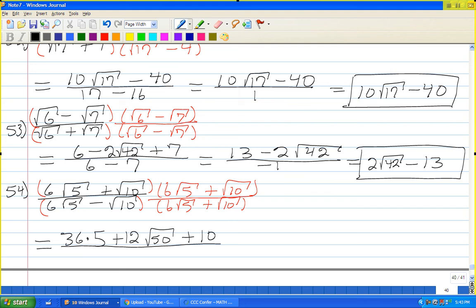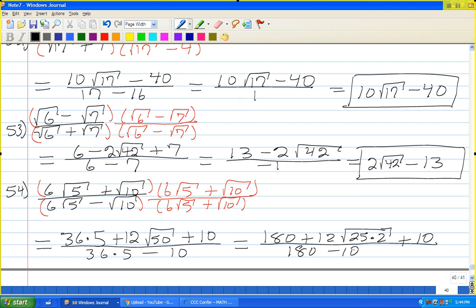Again, the denominator is the product of the sum and difference of two terms with difference of their squares. 6 times 6 is 36. Rad 5 times rad 5 is 5. Rad 10 times rad 10 is 10. 36 times 5 is 180 plus 12. That's right, 50 is 25 times 2. Again, 36 times 5 is 180 minus 10.